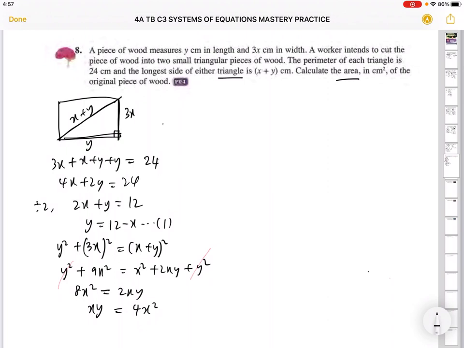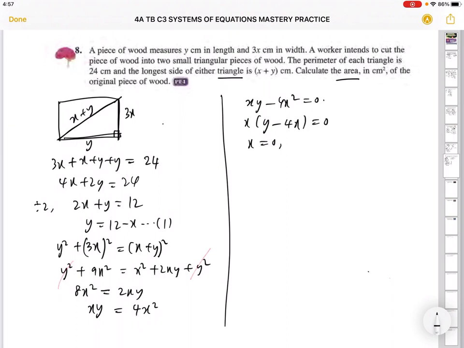If you want to substitute, you can, or you don't have to. Just to show you, if you bring this over, 4x squared, and take out x, you get x times (y minus 4x) equals 0. So your x is either 0 or y equals 4x. But we know x can't be 0.